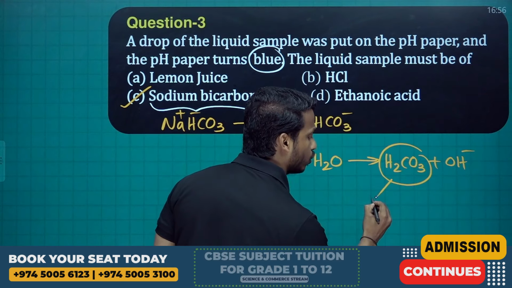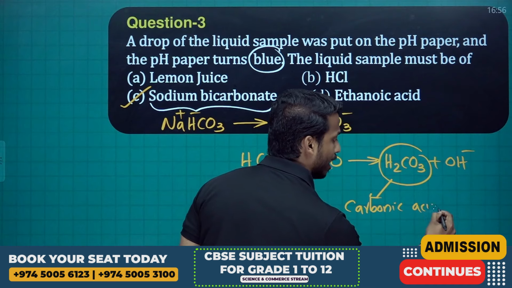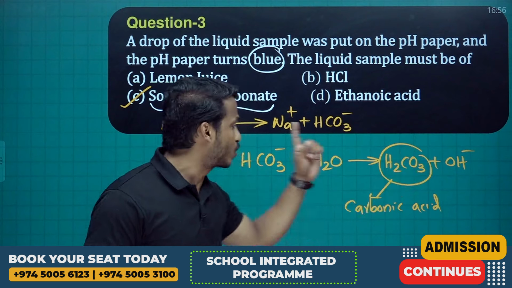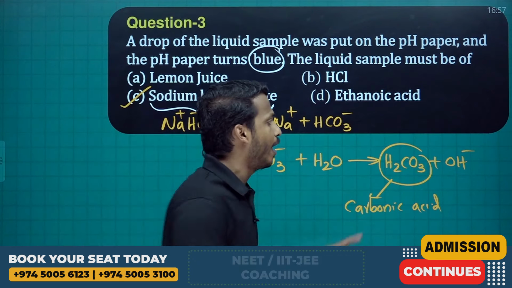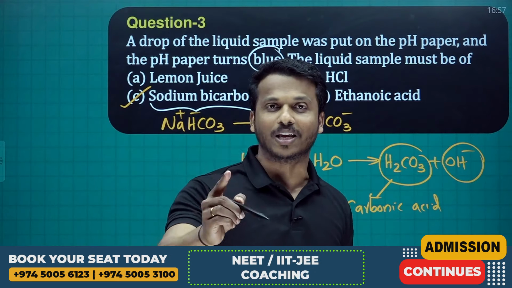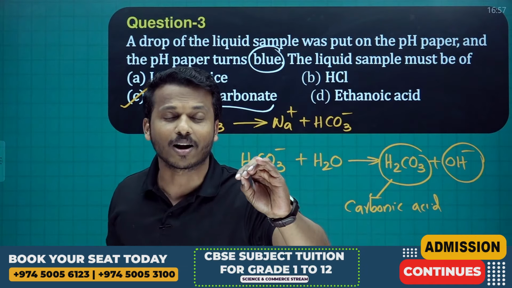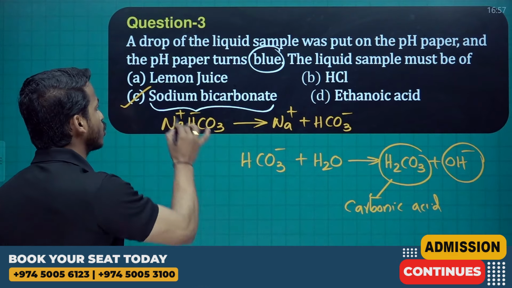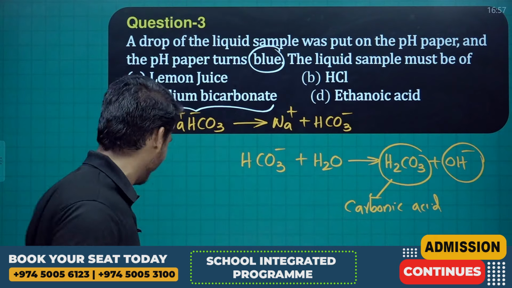H2CO3 is called carbonic acid. So it is giving OH- ions. Please note all of you, species giving OH- ions are called bases, right? So sodium bicarbonate is basic in nature. This is the reason it will give blue color with the pH paper, my dears.